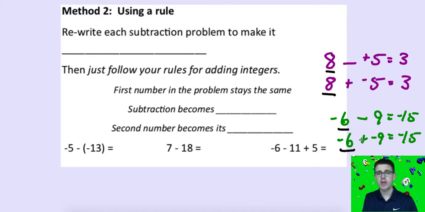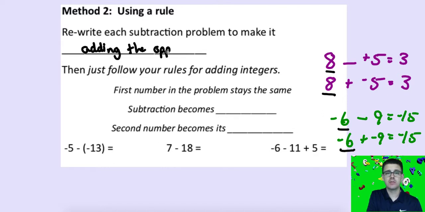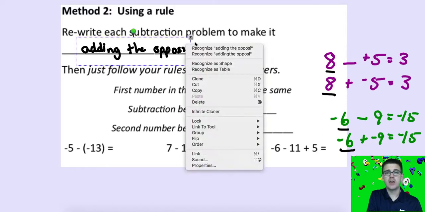But I switched subtraction to addition, and I flipped the sign of my number. So instead of a 9, it became a -9, and I still got the exact same answer. So that's the key to using our rule. Instead of having subtraction, we're going to rewrite it as adding, but the next number becomes its opposite, adding the opposite. And here's the idea behind it.